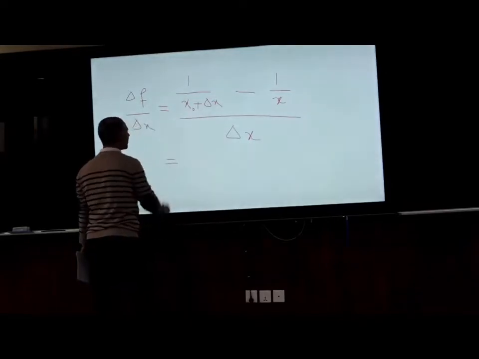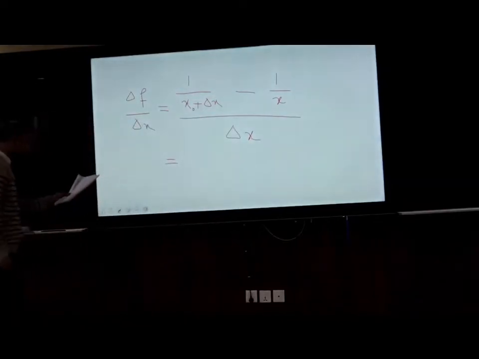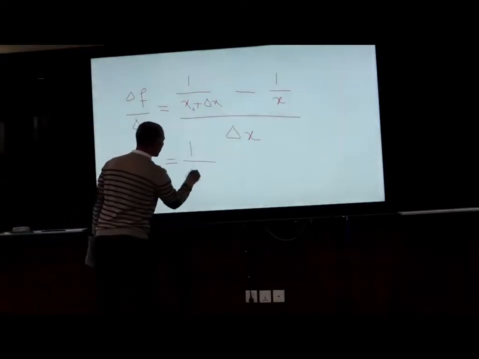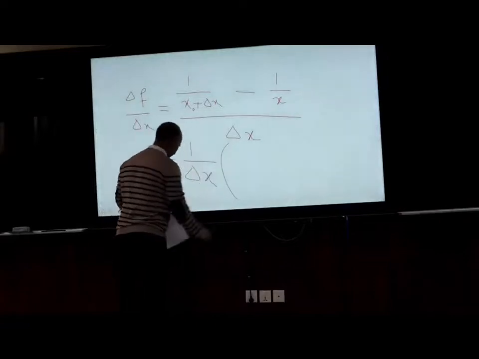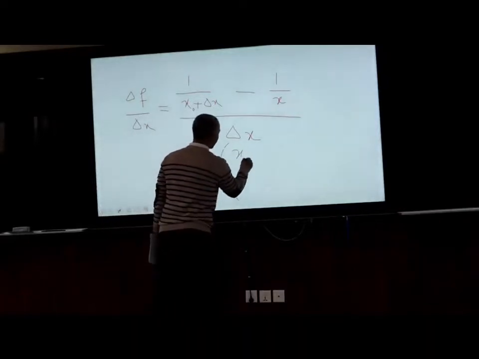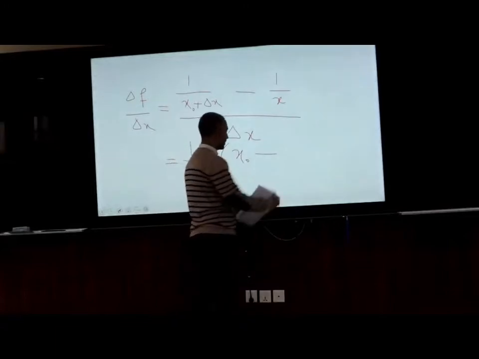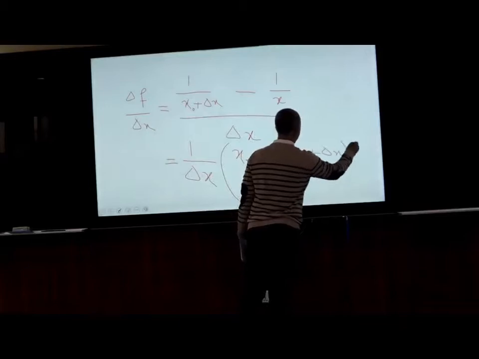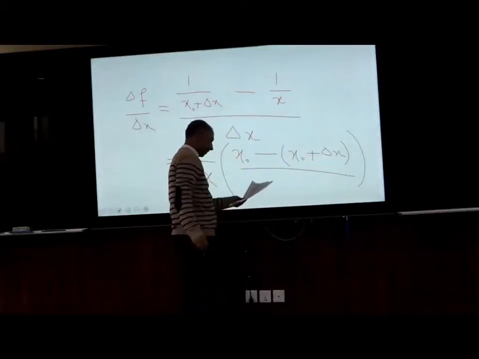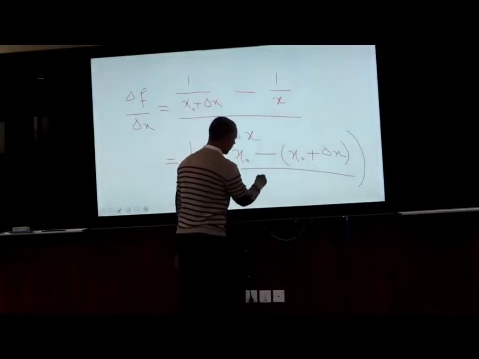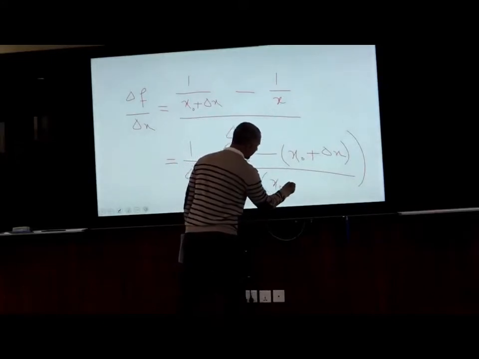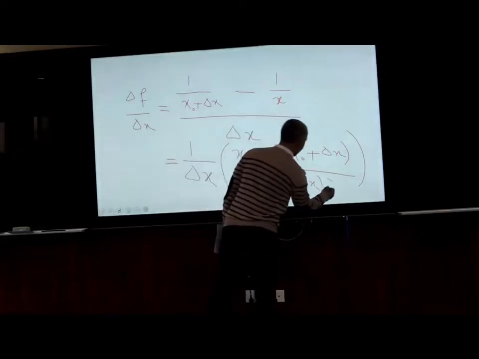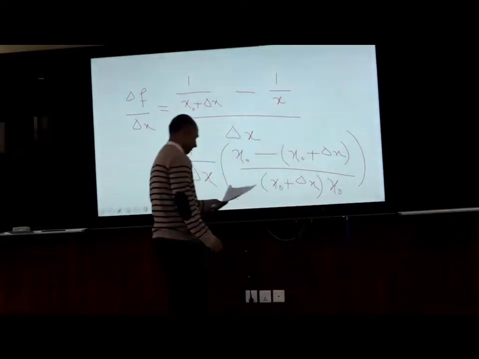In the next step, we can consider a common denominator, and we will have x naught minus x naught plus delta x, and in the denominator we will have x naught plus delta x, as well as x naught.